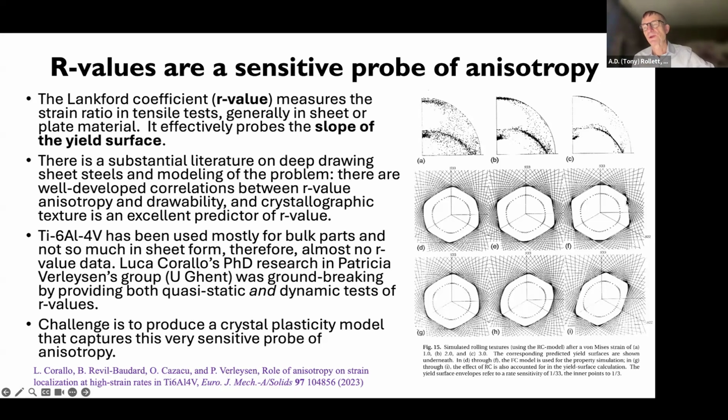So if you look at this corner here, you get a very different straining direction in this direction than if you load it in this direction. So the R value is actually measuring that slope of the yield surface. And if you have an anisotropic material, then it has these corners and the R values vary a lot.